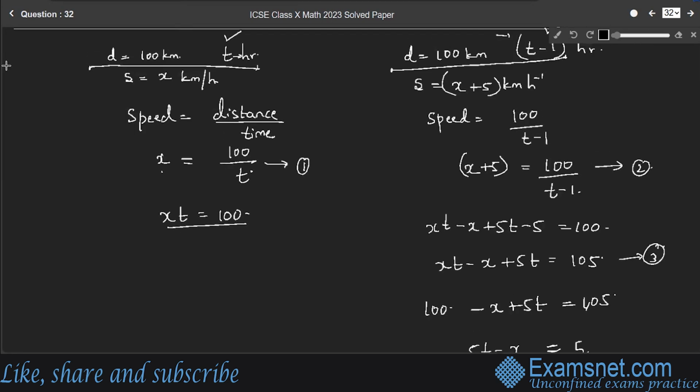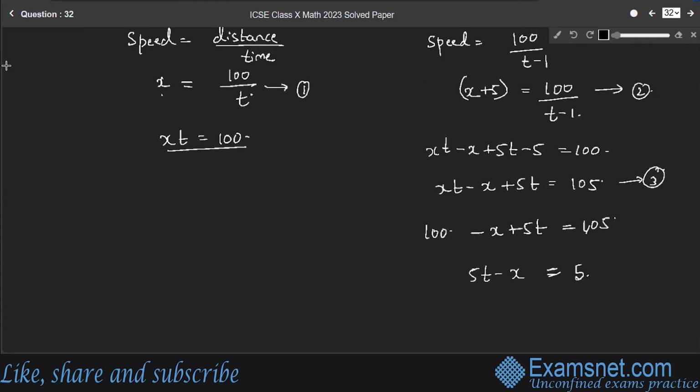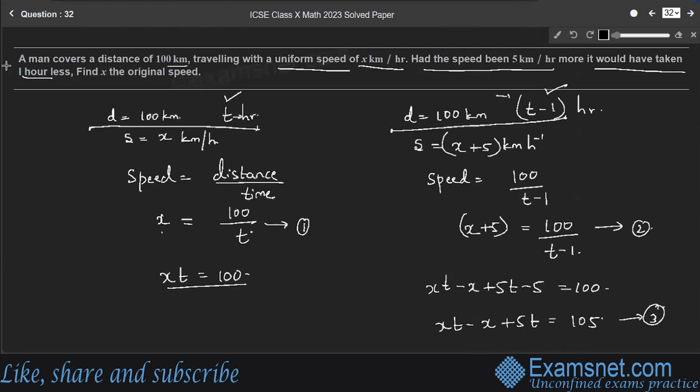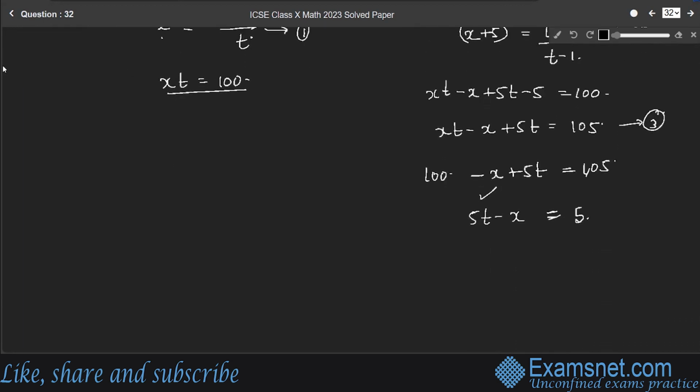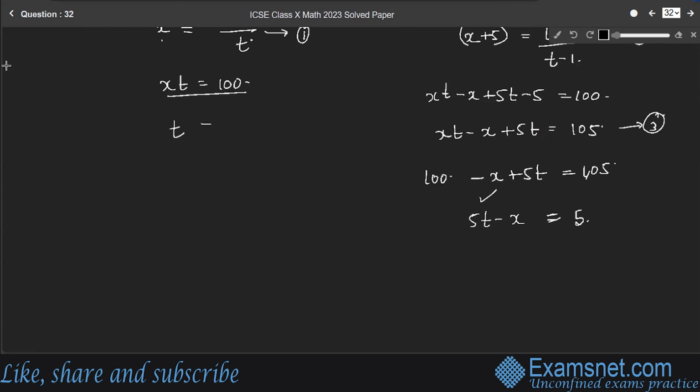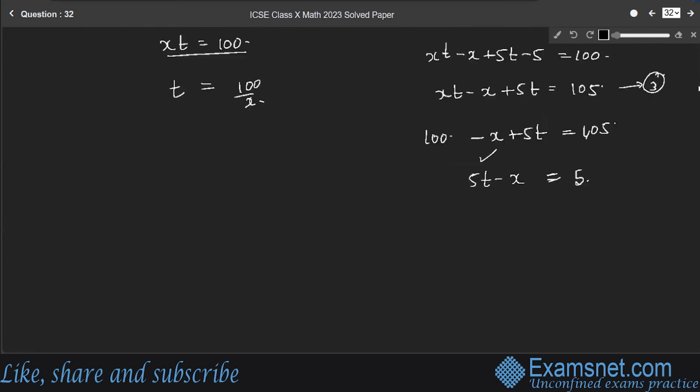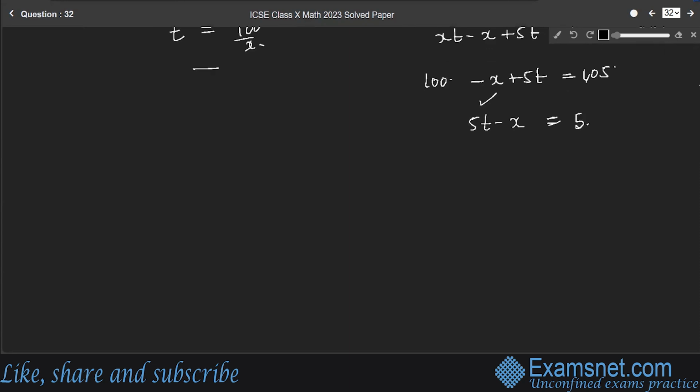And we have an equation here, x is equal to 100 by t. Finally we are going to find the original speed x, so express the time in terms of x. We'll consider time as 100 by x and substitute this value of t here.